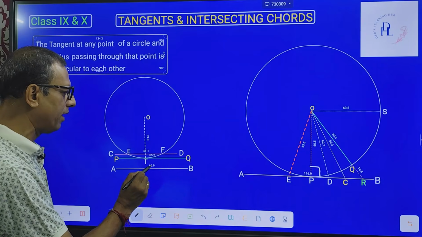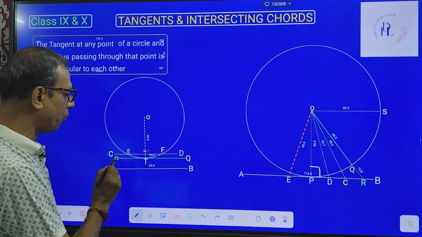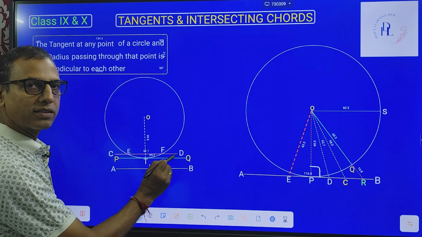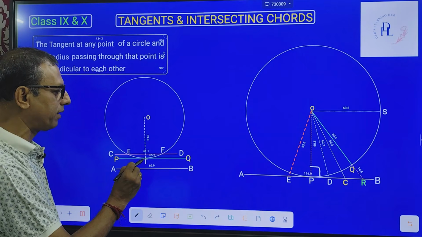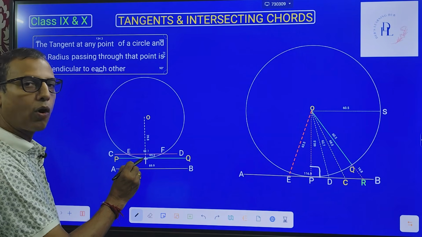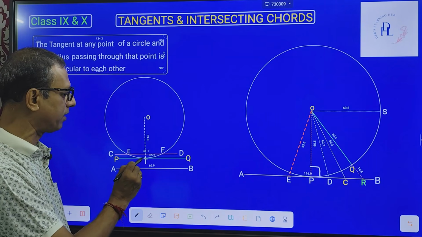So line AB, gradually you are moving towards center O, and when it is touching the circle, it is touching just at one point, and that point is T here. The place where it touches is called the point of tangency.